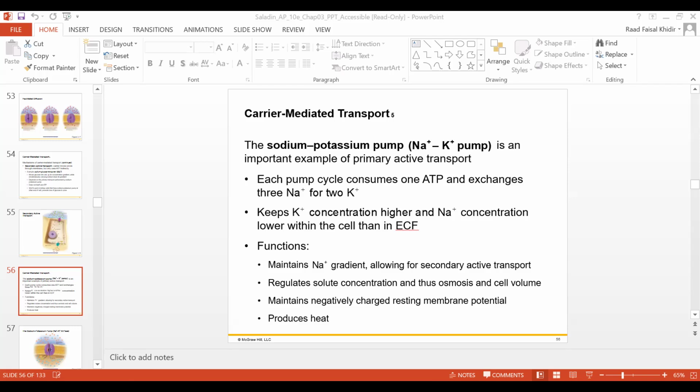You have 144 outside, 10 inside. Here you have 160 millimolars of potassium inside and 9 outside. If there was no sodium potassium ATPase, they would equilibrate. So if you had 500 here and 100 here, after a while it would be 300, 300.